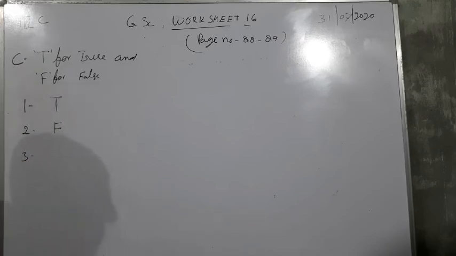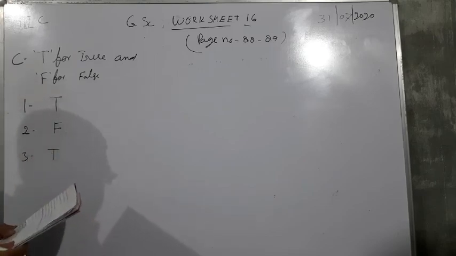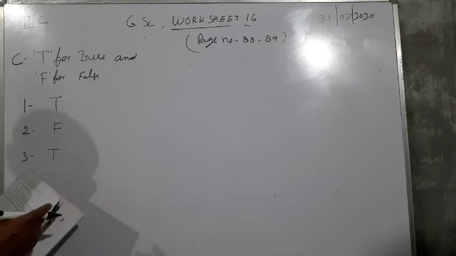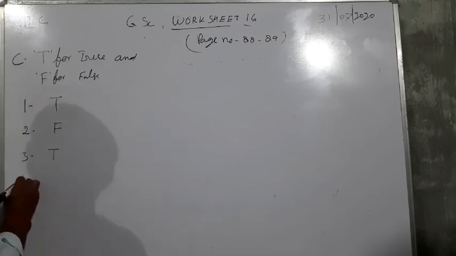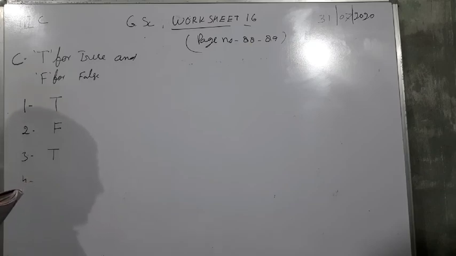Now third you write, on a dark clear night we can see about 6,000 stars in the sky. Yes, it is true. Now fourth you see, many stars are bigger than the sun.